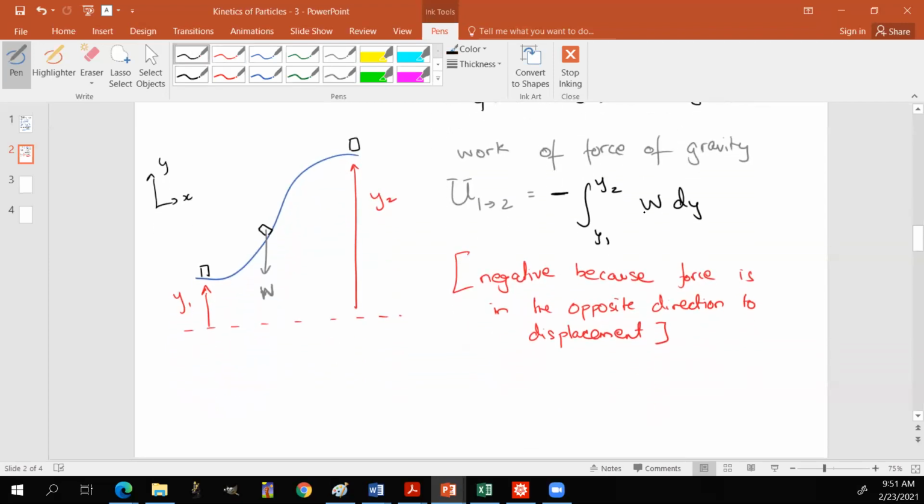And with a simple integral, your weight remains constant, right? So the work done is just going to be minus W times (y2 minus y1).